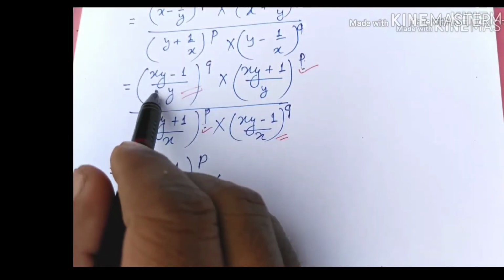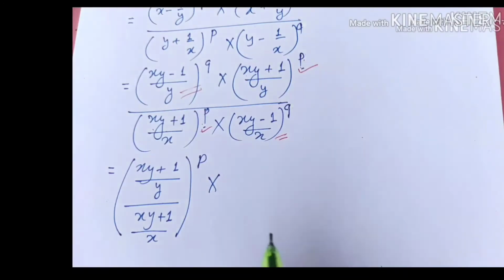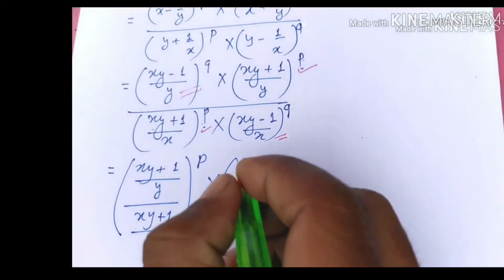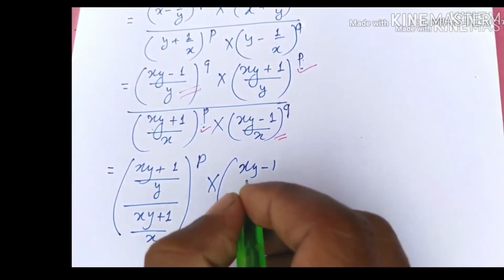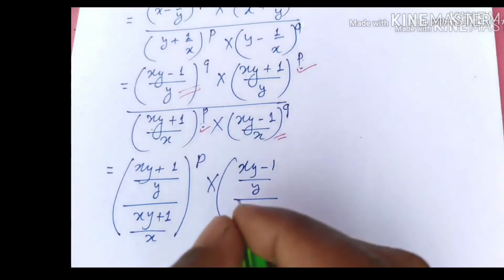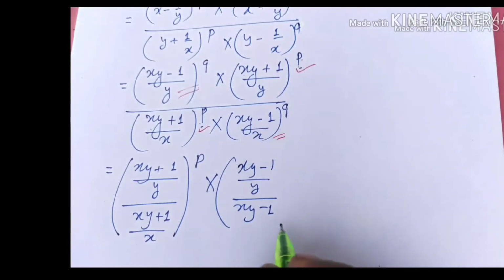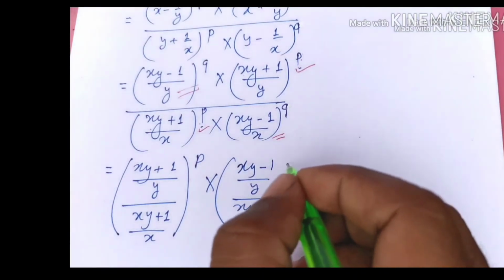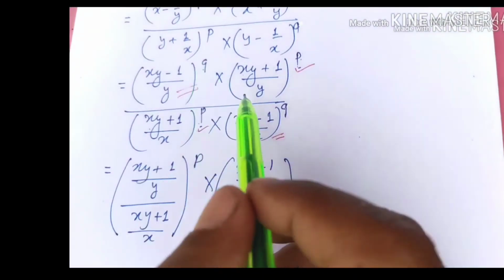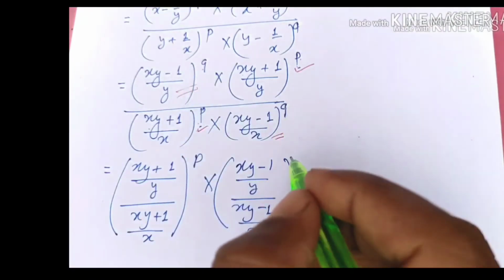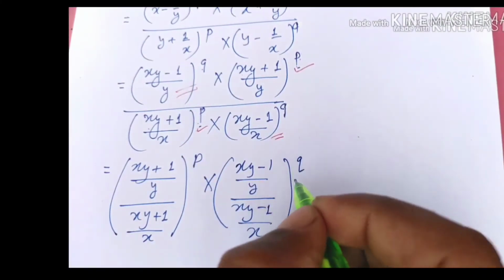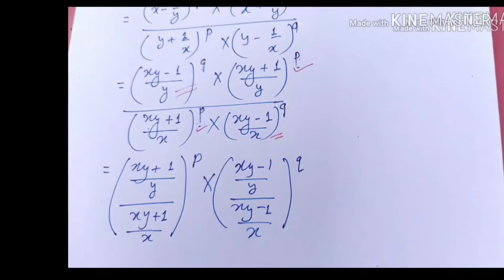So this one term and this one term can be written together, that is xy minus 1 over y by xy minus 1 over x and power should be q. These two powers are similar, that is q, so they can be written like this.